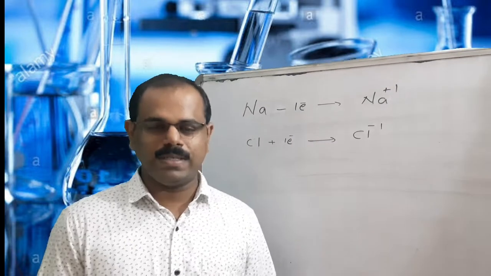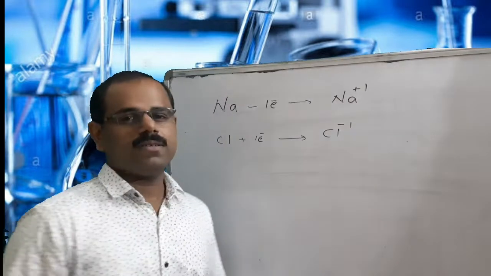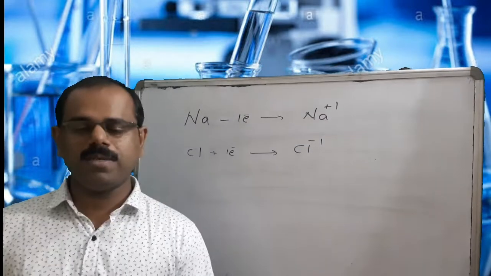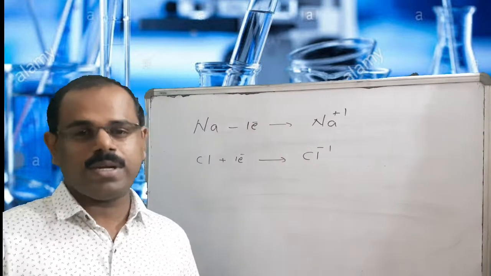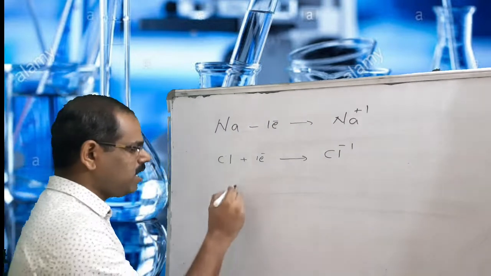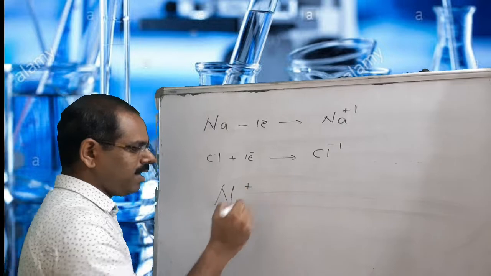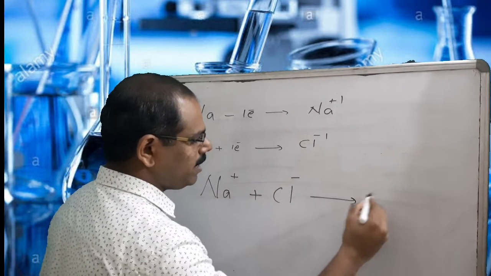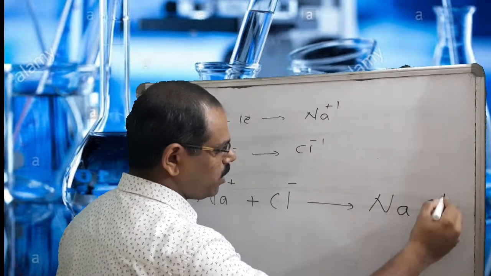So we have got two equations. One is for the formation of sodium ion. In the second equation we see the formation of chloride ion. That means if we combine the sodium ion with the chloride ion, we get a compound, sodium chloride.